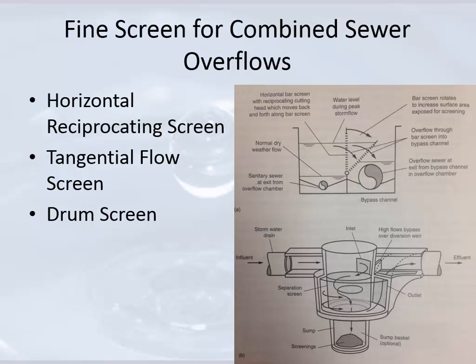And then here are the 2 that are used for combined sewer overflows. Well, the drum screen we already pretty much went over, it's the same. Horizontal reciprocating screen is you have a horizontal screen, and then there's pretty much blades that go back and forth to cut everything off, and then you can tilt back the horizontal screen to get more surface area.